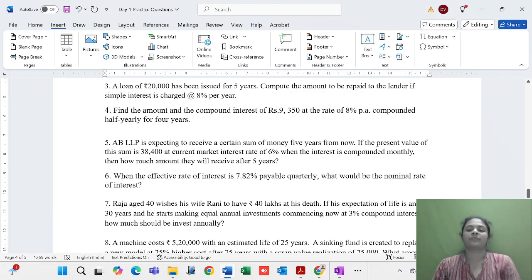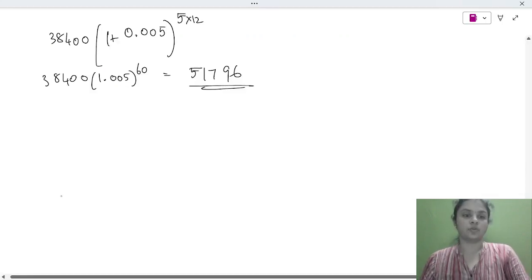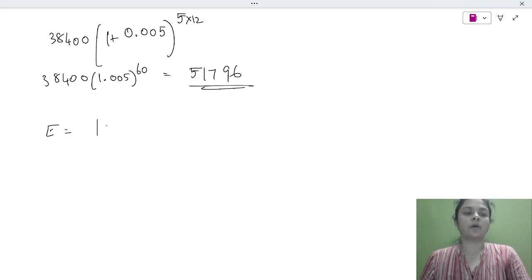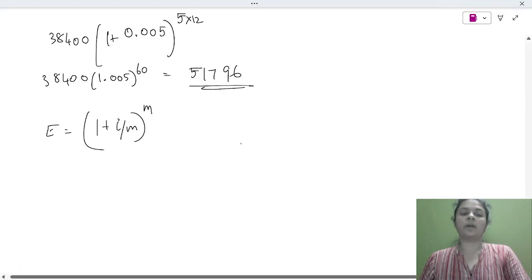Next, sixth one. What is the effective rate of interest? When the effective rate of interest is 7.82% payable quarterly, what is the nominal rate? So, what is the formula? Effective rate is equal to 1 plus I by M the whole power M. Quarterly means M is equal to 4.